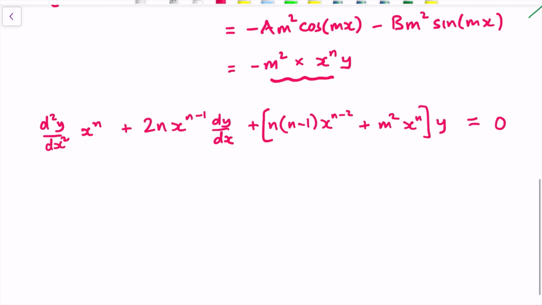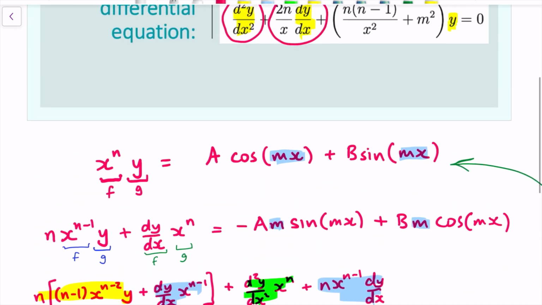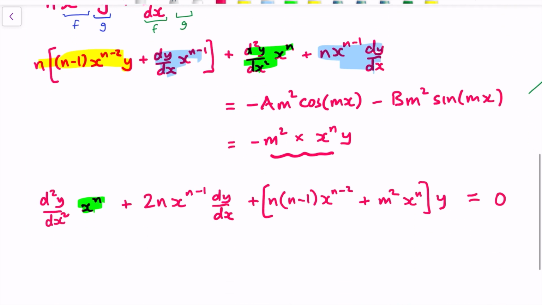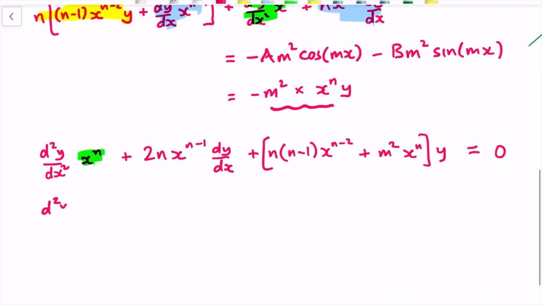Okay, we need to get rid of the x to the n term there with the d squared y over dx squared. Remember that d squared y over dx squared needs to be isolated on its own. So if I divide through by x to the n, which is not 0, it can't be 0 because it was in the denominator of the actual solution. Dividing that out, I get d squared y over dx squared. Be careful with this. It's 2n x to the n minus 1.